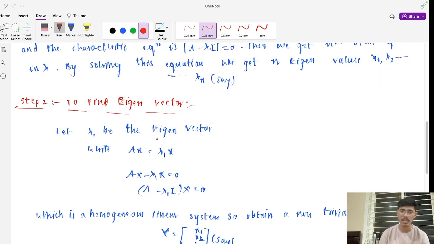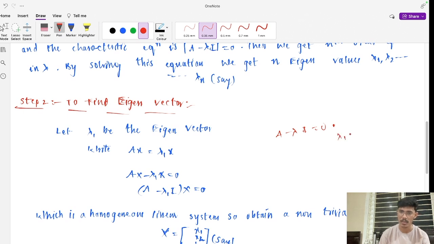From the eigenvalues we can find the eigenvectors. Ax equal to lambda 1 x.